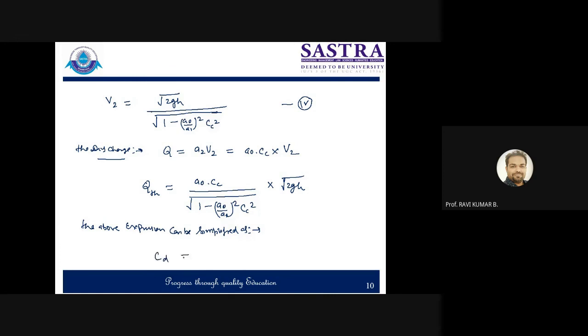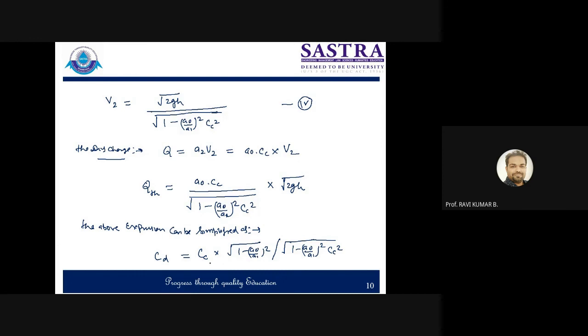We will introduce this: Cd is Cc multiplied by under root 1 minus A naught by A1 whole square, divided by under root 1 minus A naught by A1 whole square into Cc square. So this is the coefficient of discharge. You can take the value of Cc out of this: Cc is equal to Cd multiplied by this term divided by this term.